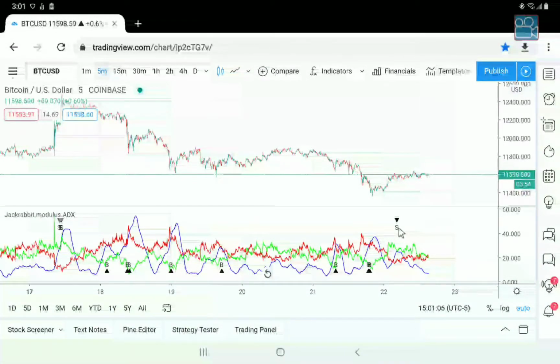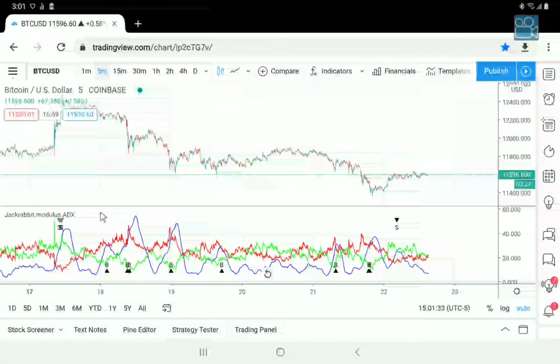So for Bitcoin, a shorter term trend with ADX is not always going to be as profitable as a longer term trend with ADX. So be sure you constantly check all time frames before you settle on the time frame that you want to use for your module.